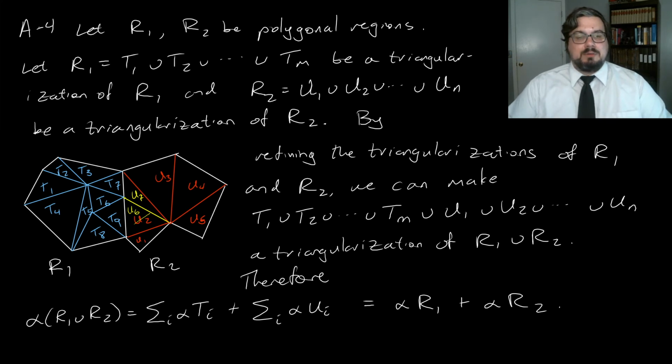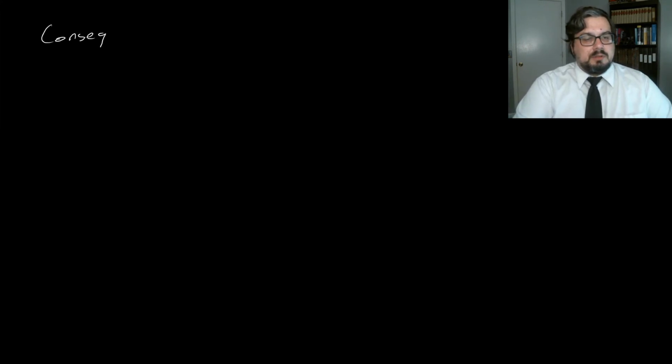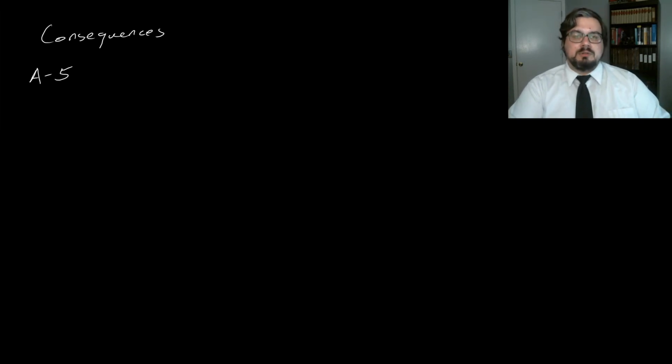All right, now let's see what some of the consequences of this are. We're going to come back to the question of well-definedness in a second. But let's look at some of the consequences. One of them is what many authors include as condition A5.